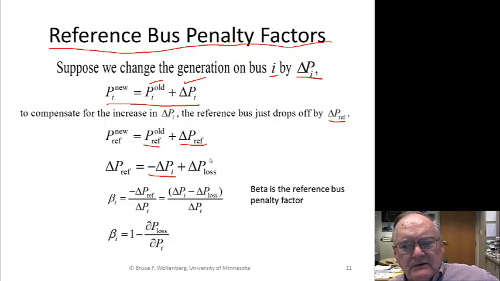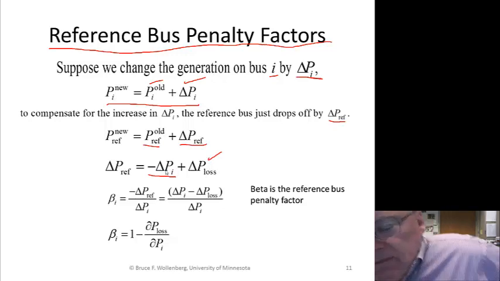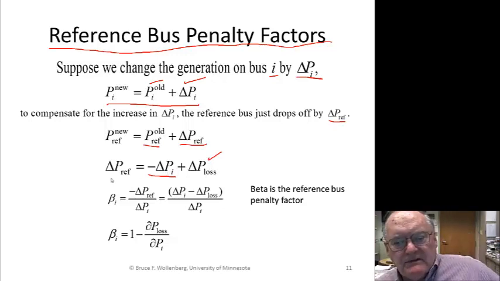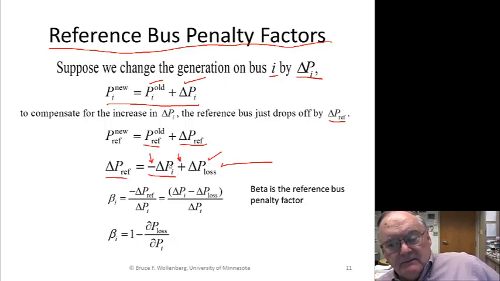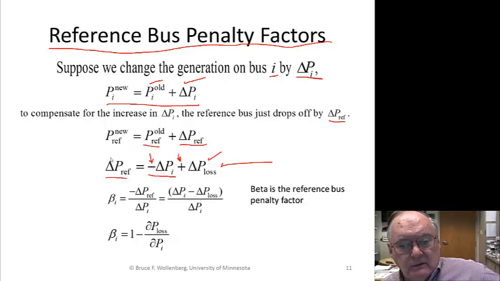There's some change in losses too. And so we're going to say that the losses change. Now if this goes up, and the losses go up, that's going to affect how much this actually has to go down. So this equation, if you want to study the signs in here, they are correct, and it allows for the fact that if the Pi goes up and the losses go up, then this goes down by taking this difference in here.